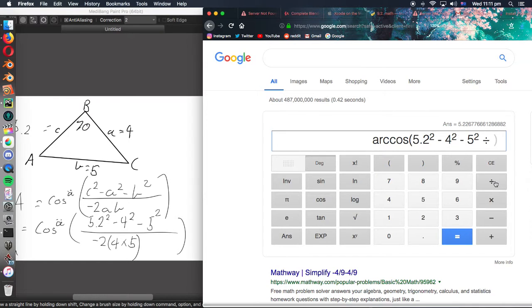Divided by negative, open parentheses, 5, and now we should get an answer. Well, you get the idea, we get that answer.